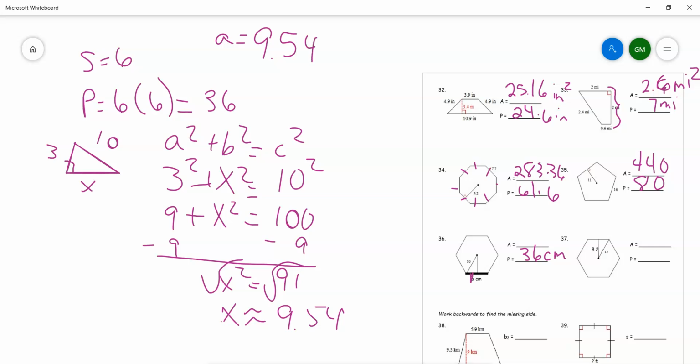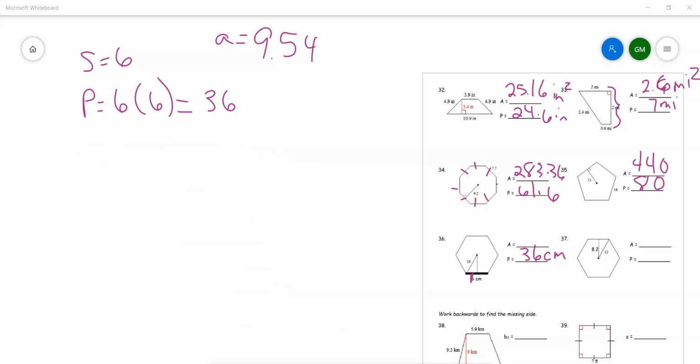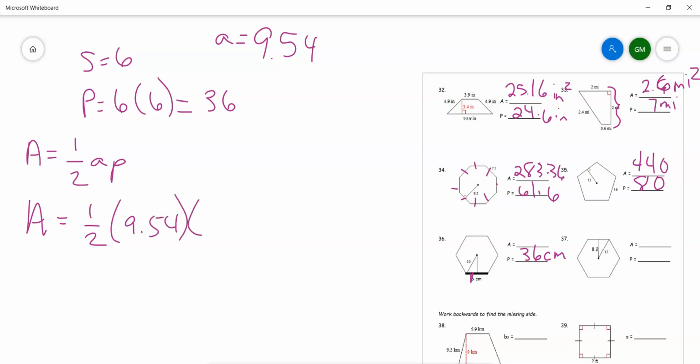So now we're going to run that information through our formula for area so that we can get the approximate area of this hexagon. Okay, so area of a regular polygon again is 1/2 apothem times perimeter. So we have 1/2 times 9.54 times 36.